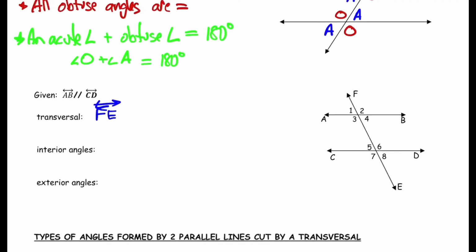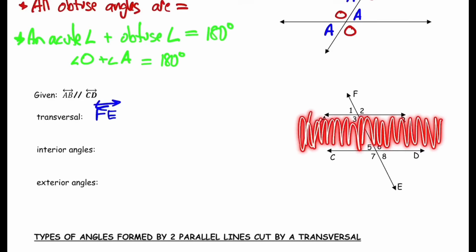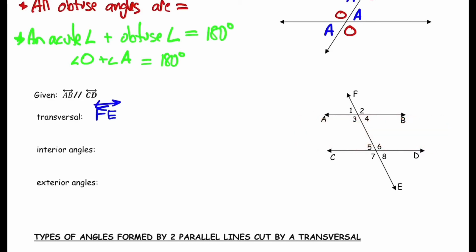Next, it asks for interior angles. Well, that word interior means inside. So inside would be in between the two parallel lines. So any angle or angles that are inside here are called interior angles. Well, we've got 4 of them. Angle 3, angle 4, angle 5, and angle 6.